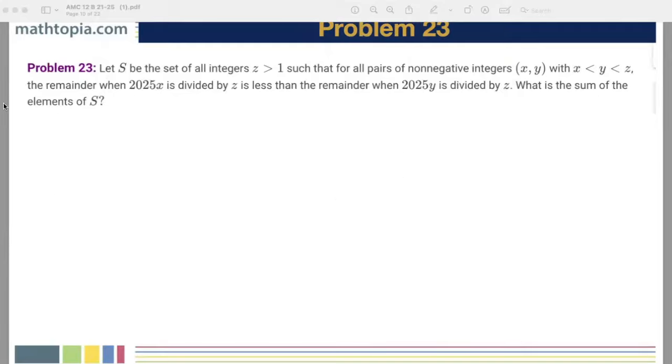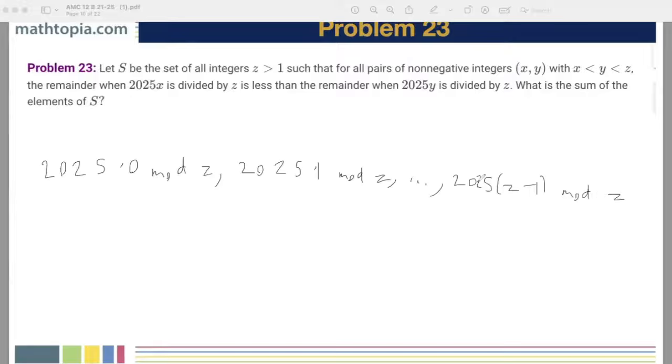So we think about 2025 times 0 mod z, 2025 times 1 mod z, and we write down this list, going for all the numbers x less than z, all the way up to 2025 times z minus 1 mod z.